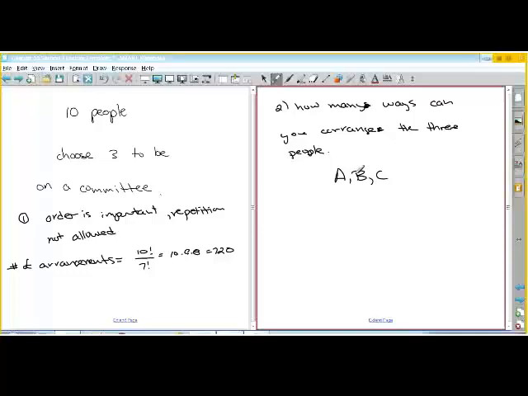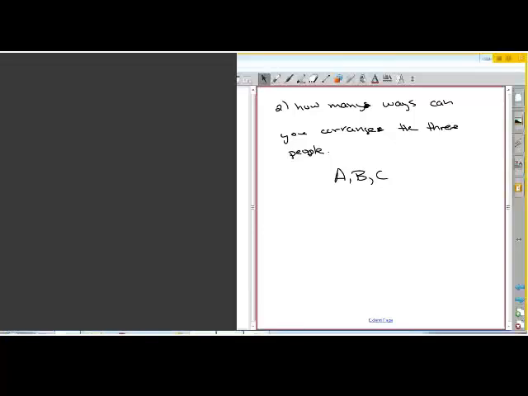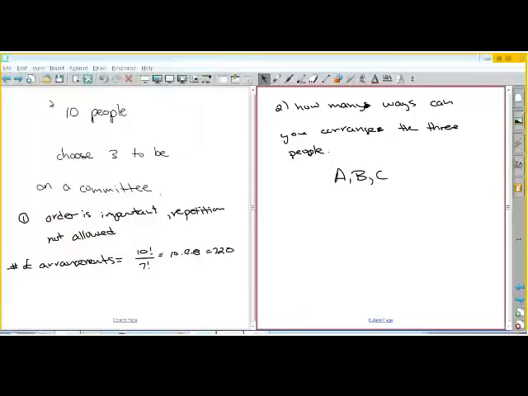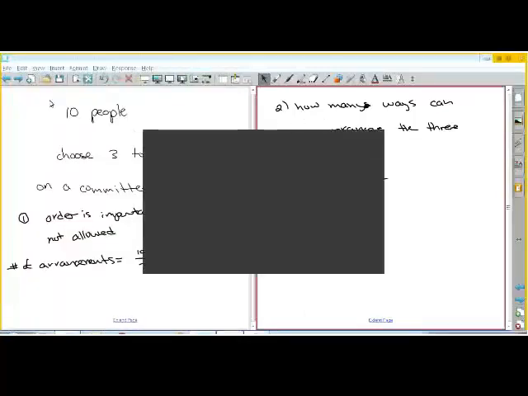So I have to figure out how many ways I can arrange these 3 things, and we did that in the previous section. Let me open up the previous section. Hold on, I'm going to have to open up another version here so I don't lose what I had.